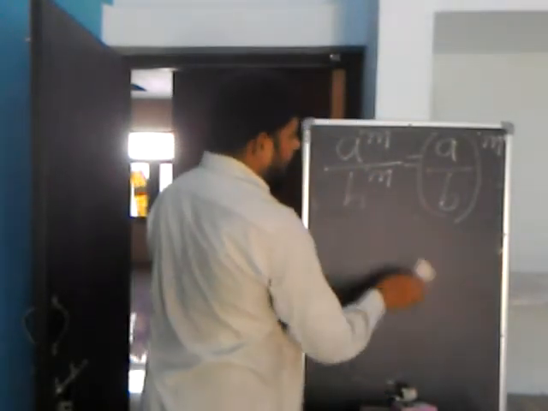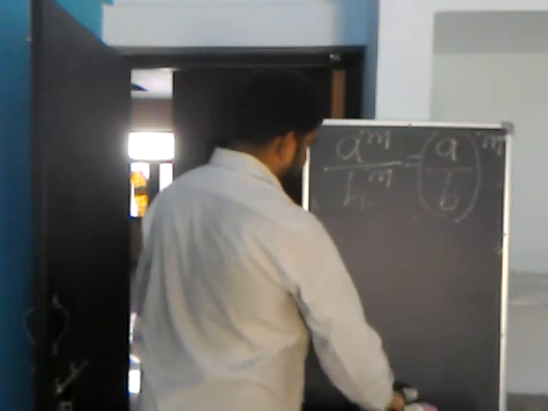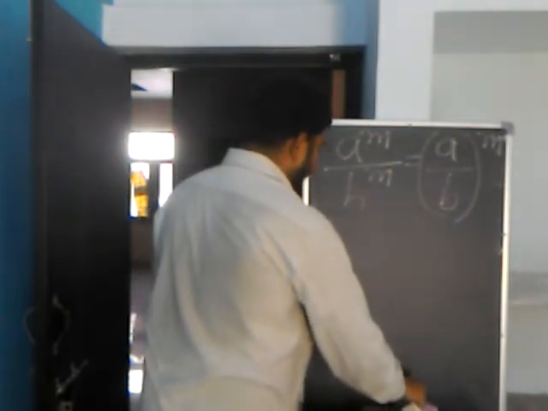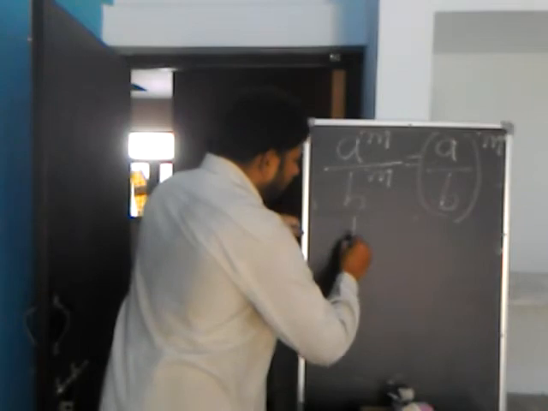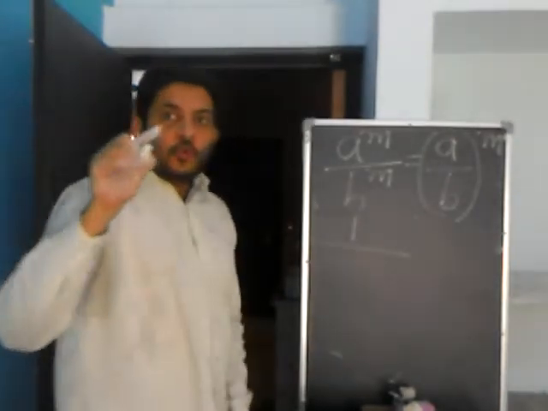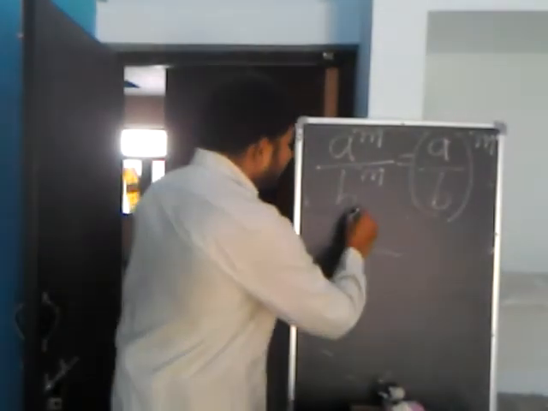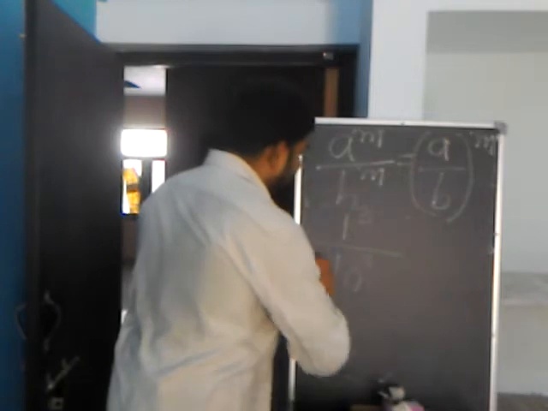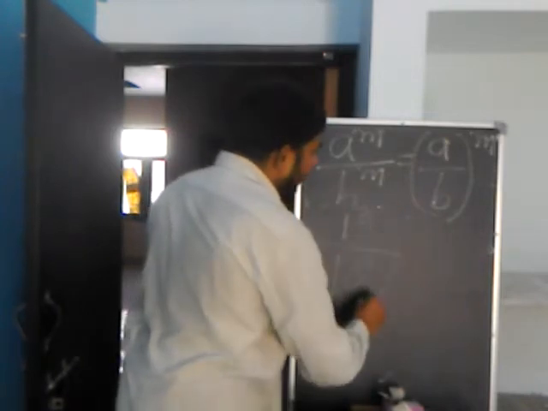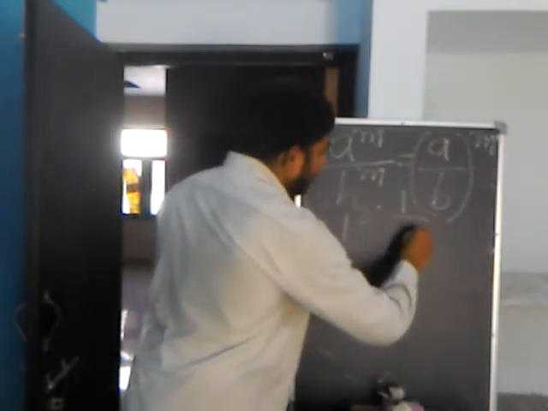So 1, and there was 2 into 5, so that becomes 10. It becomes 1 raised to the power 3 and 10 raised to the power 3, out of which we are having power 1 by 3.